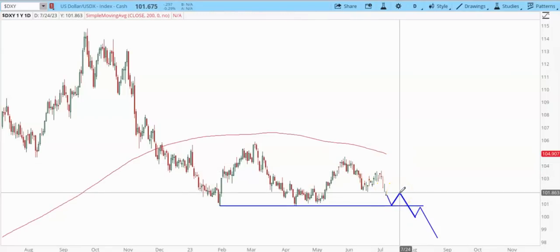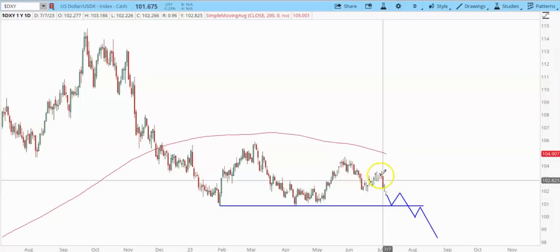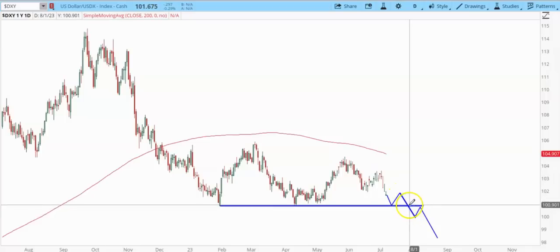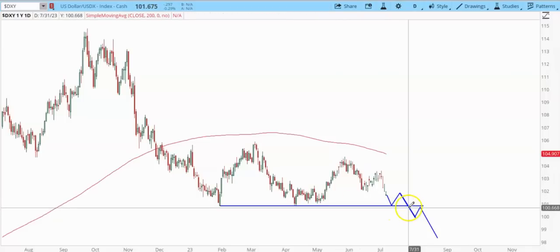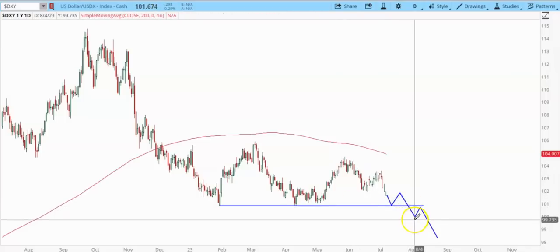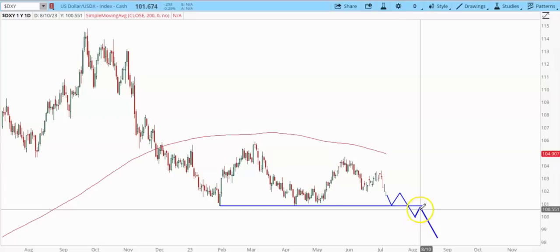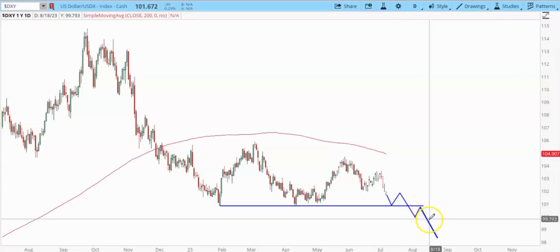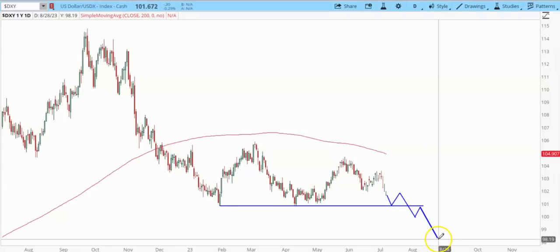But then I would assume that bounce would also left translate, just like this one has, come down and ultimately break below this support zone right here. And then we get another daily cycle low, another bounce. This bounce maybe comes up to test that support from underneath, and then we get the final move down into the next intermediate cycle low.